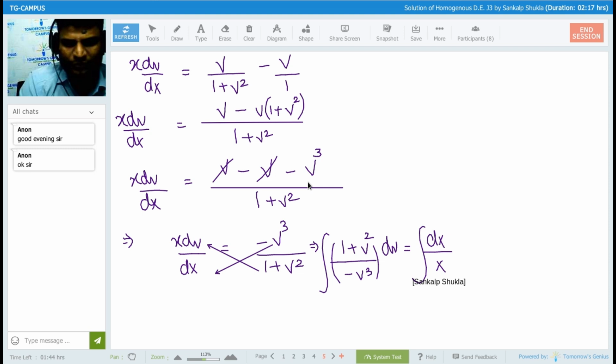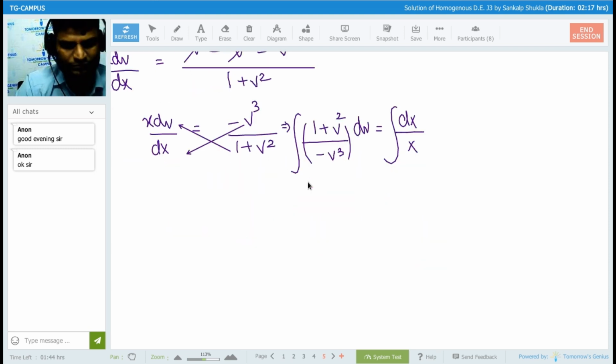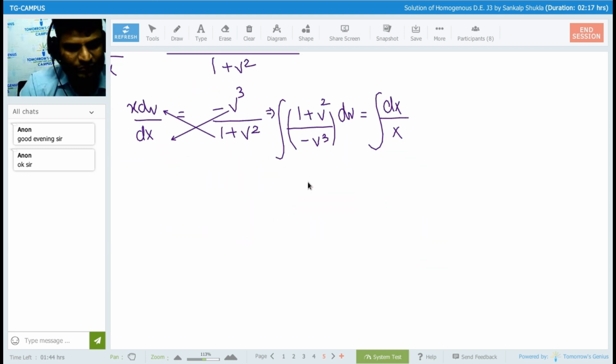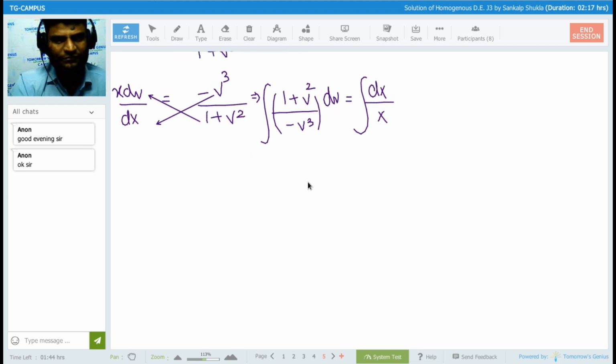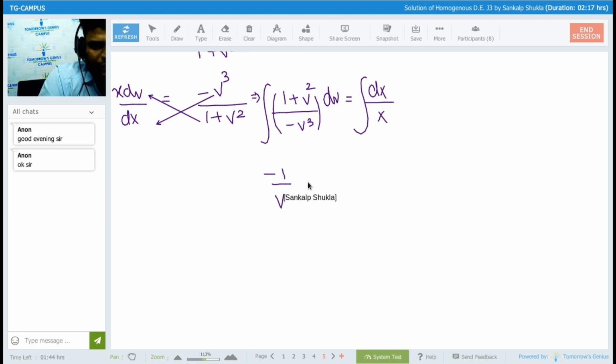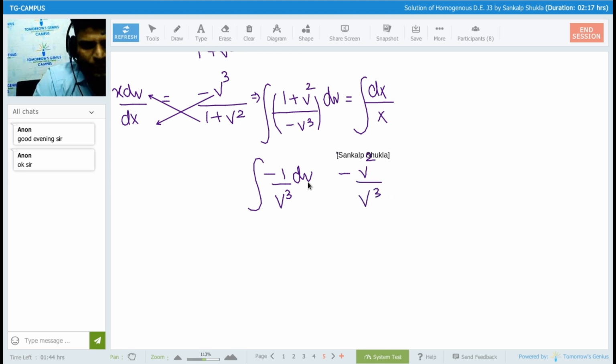Right? Now we can integrate on both the sides. Alright, this is correct, right? Yeah. Now we can apply denominator splitting. So this will become minus 1 by v cube dv and minus v square upon v cube dv is equal to dx by x.